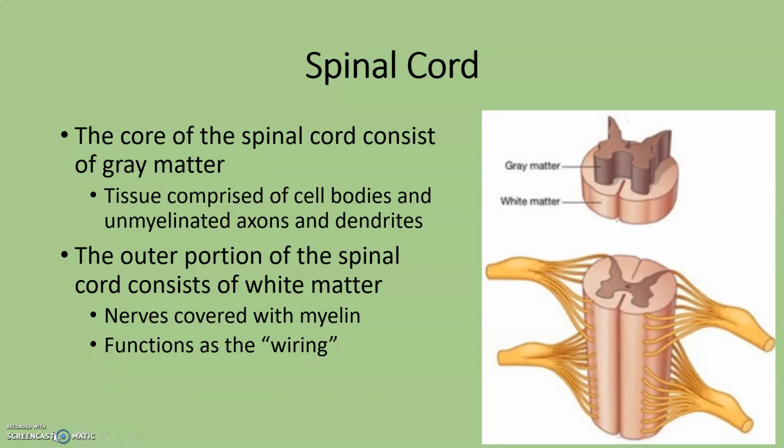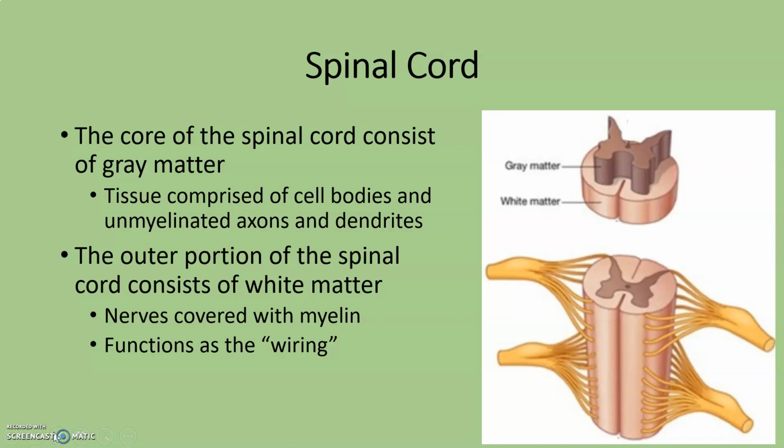Now, if you were to take a cross-section of the spinal cord, you'll see that it has two different regions. It has a core region, which consists of gray matter. And gray matter is tissue that's composed of cell bodies and unmyelinated axons and dendrites.